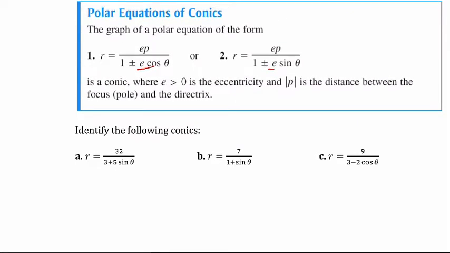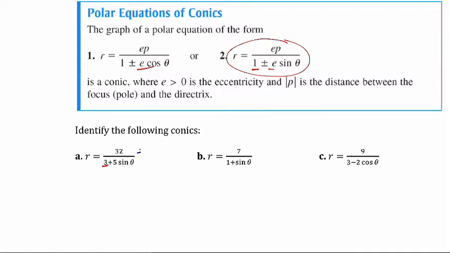So we really just have to make the equations down at the bottom look similar to that. Looking at this first one, we have 32 over 3 plus 5 times the sine. It looks like this second equation here. The big thing is that we don't really know what EP is. We have a 1 here, and we have a 3 here. So what we have to do is divide everything by 3.